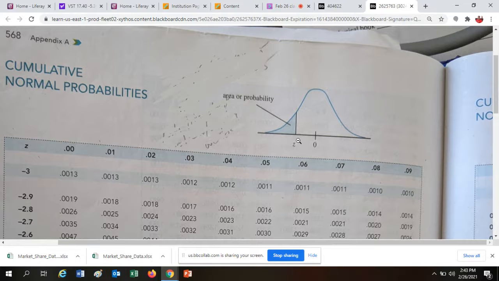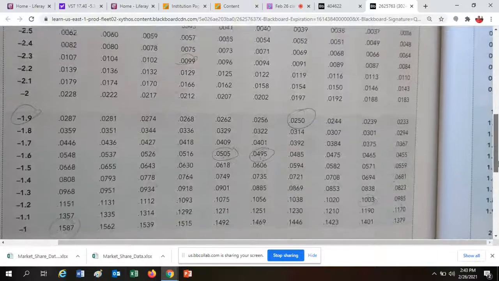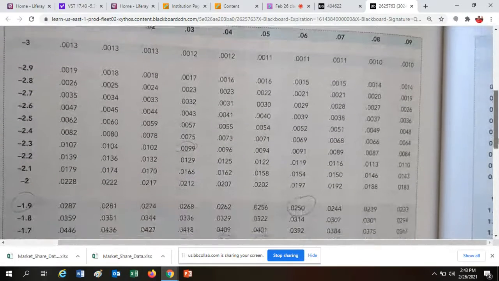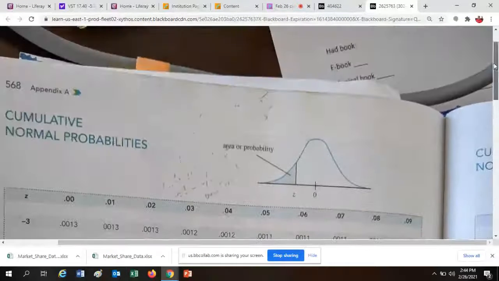Whatever number it is that you're looking for, you look down this column and over this column for the digit after that. So if you're looking for a minus 1.96, you'll see I had already circled 0.0250. So what does that say?